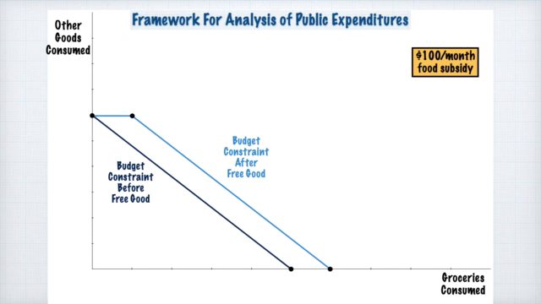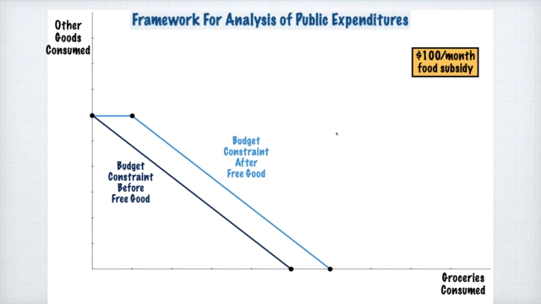It has the same slope as the original budget constraint. And then you can think of the point here on the axis that is not getting the subsidy. It's just moving that point, in this example, $100 over. So now we end up with what is called a kink in the budget constraint at this particular point here.